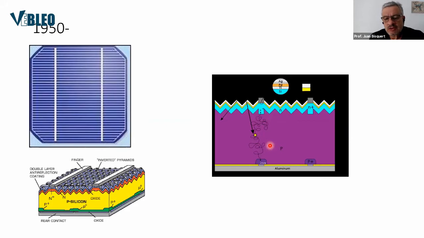The production of photovoltaic action was very much based on the semiconductor transport equations, because this is just a homogeneous piece of material with electrons and holes that move. So this is the natural way to understand it.